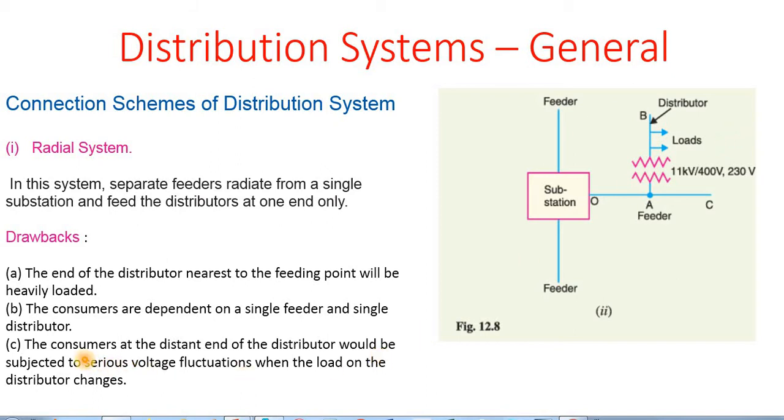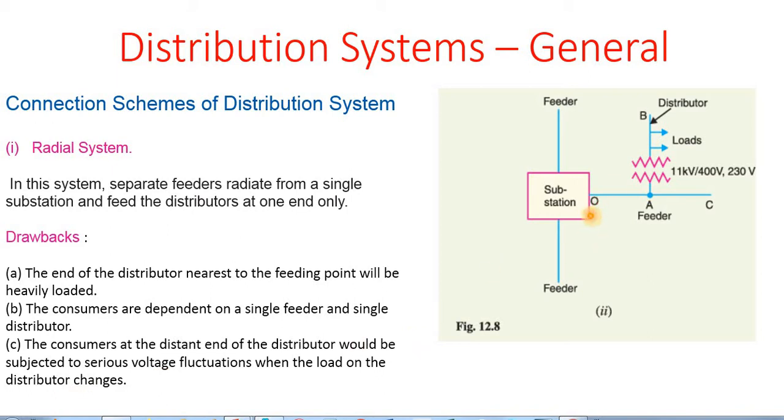The third drawback of this architecture is that the consumers at the distant end of the distributor would be subject to serious voltage fluctuations when the load on the distributor changes.